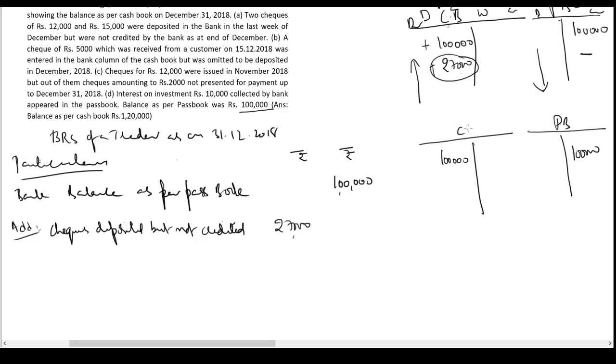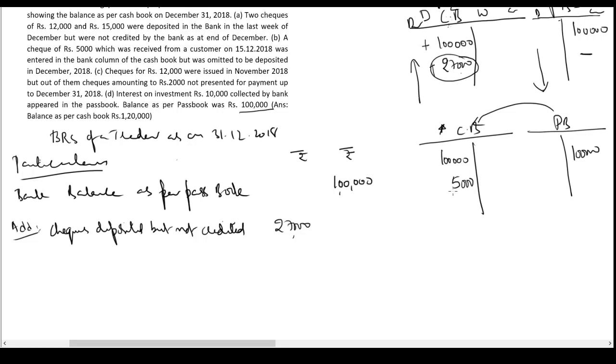Passbook, cash book. We put a star mark to cash book because we want to make passbook equal to cash book. Check for rupees 5,000 which was received from a customer. As soon as we receive a check from a customer, we pass the entry: bank account debit to debtor. We debit the bank account. It was entered in the bank column of the cash book but was omitted to be deposited in December 2018.